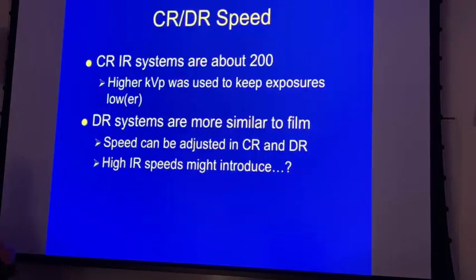What they were talking about is not individual patient dose for individual exposures. What they were saying really was your overall global dose is probably going to decrease, because minor mistakes you make in technique aren't going to be an issue because of post-processing, right?